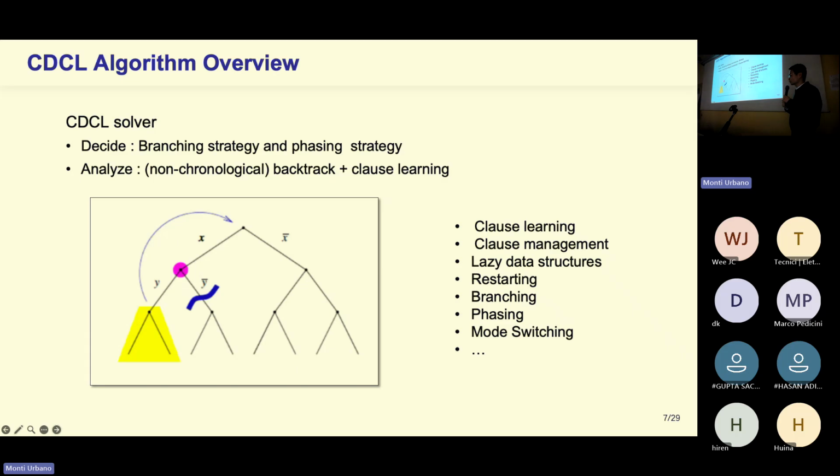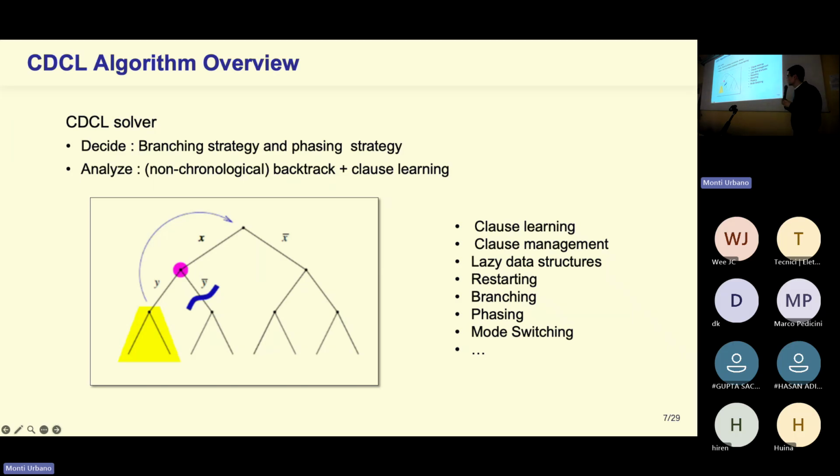Usually we will learn a lemma, and this lemma can be represented by a clause. So it is very natural that the solver can do jumping instead of backtracking, because we have learned the reason of the failure. So then we can consider this reason, and we can just skip those variables not related to this reason. So we can backjump, not just backtrack.